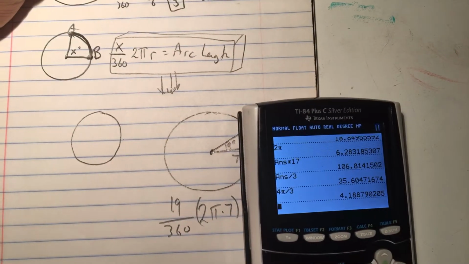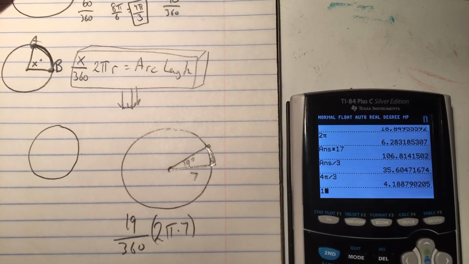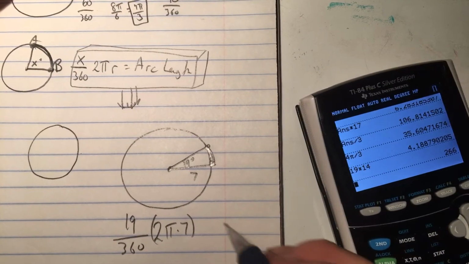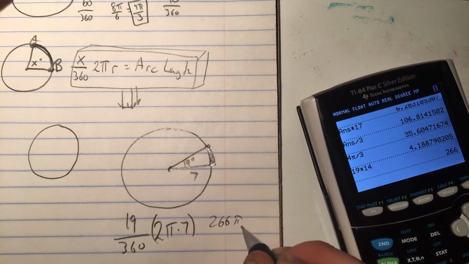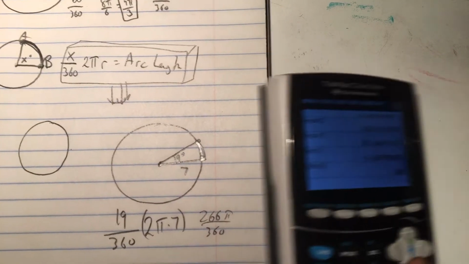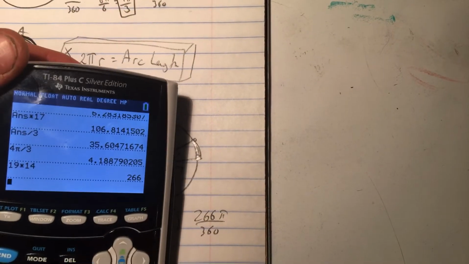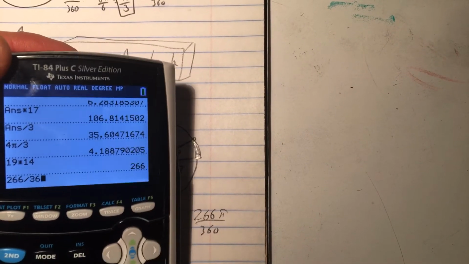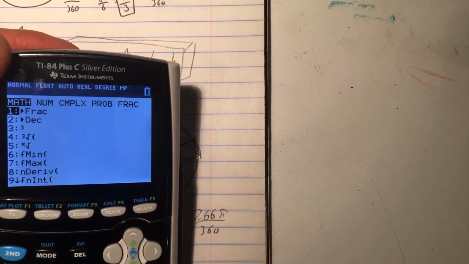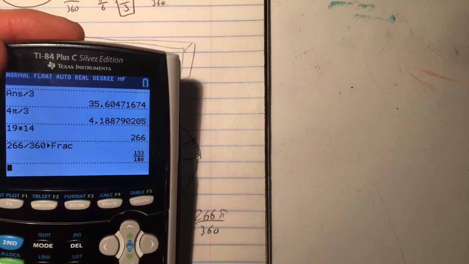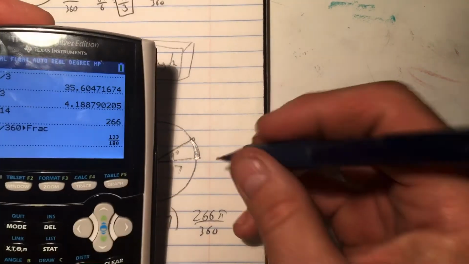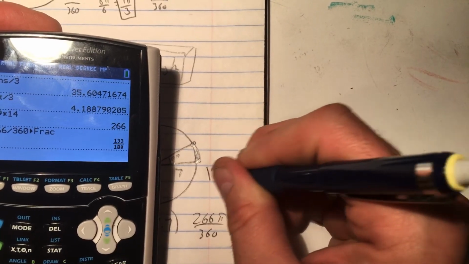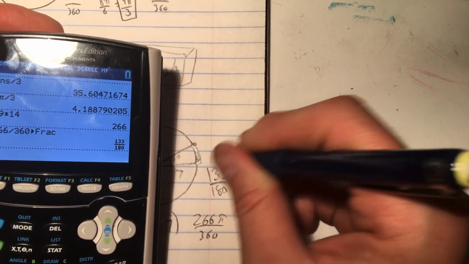I'm going to go 19 times 14, which is 266 pi over 360. And if you have a fraction button or some way to reduce fractions, you can do this by hand, of course. 266/360 reduces to 133/180. So we have an arc length of 133/180ths of pi.